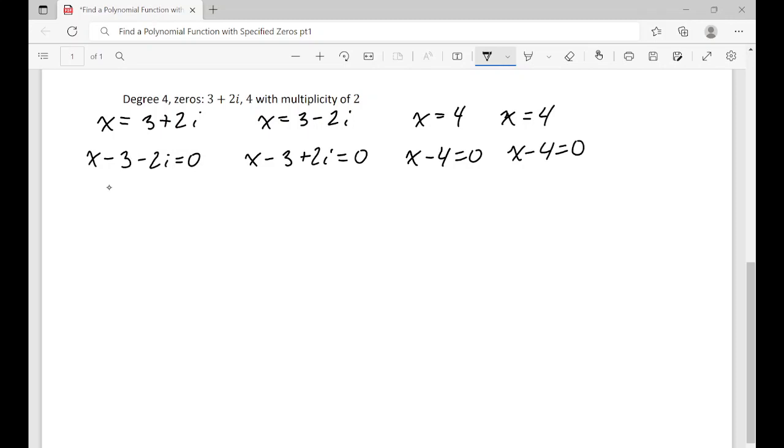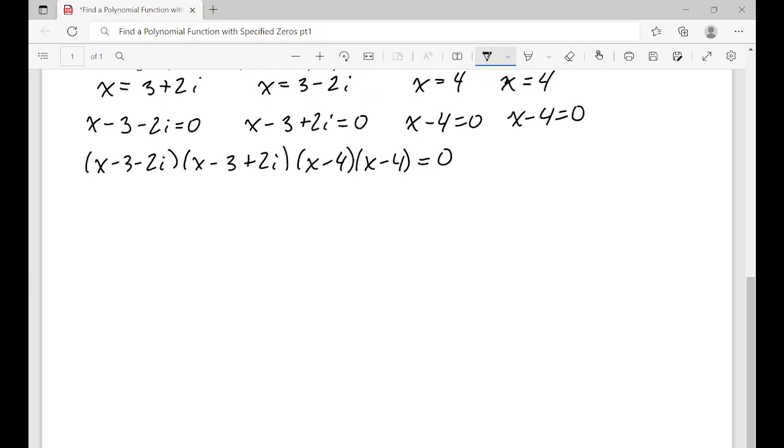Combine them all together and get (x minus 3 minus 2i)(x minus 3 plus 2i)(x minus 4)(x minus 4) equals 0. Now here's the hard part, or the long part. We're going to distribute everything out, and that's going to take a minute. But it's just tedious amounts of algebra. Just take your time when doing this.